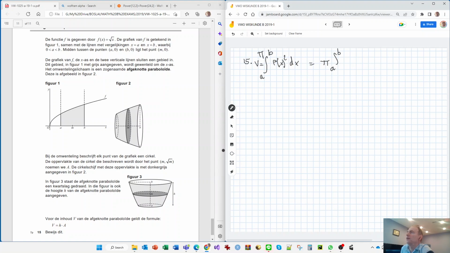And well, the nice thing, f(x) squared is just x. So that's not difficult. The primitive of x is 1/2 x squared.